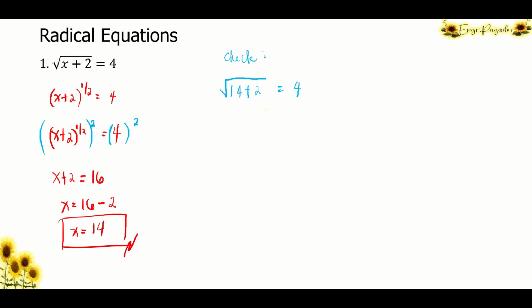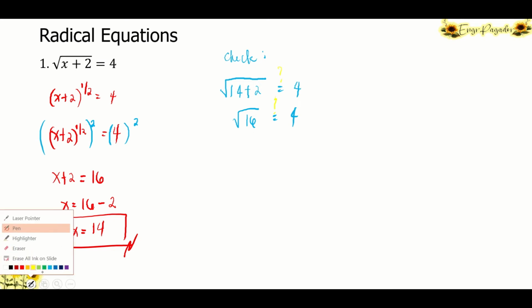Kung tama ba yung na-solve natin na value of x. Okay? Now, what is 14 plus 2? Of course, that is equal to 16. Is that equal to 4? Okay. So, what is the square root of 16? So, we all know that the square root of 16 is equal to 4. Hence, the solution for this equation is equal to 14. So, tama yung ating sagot.